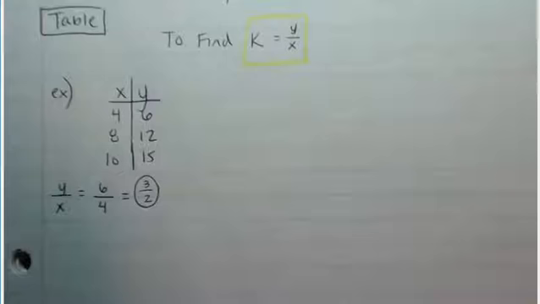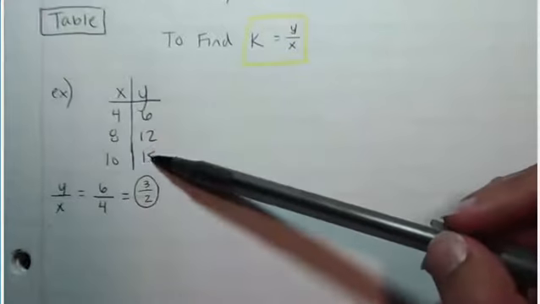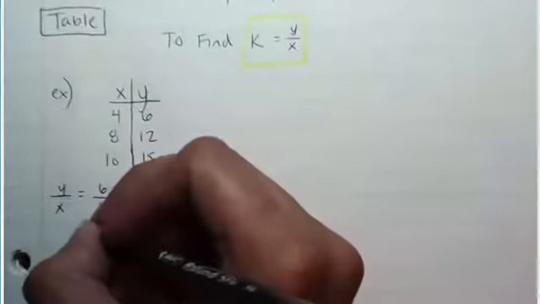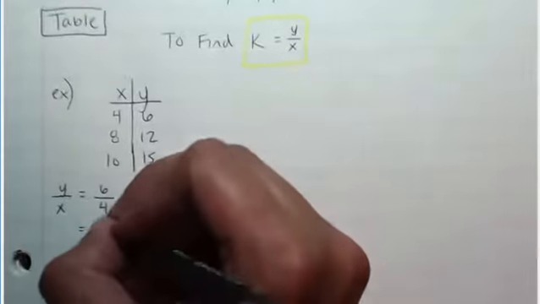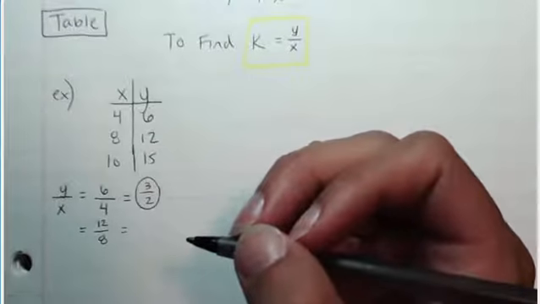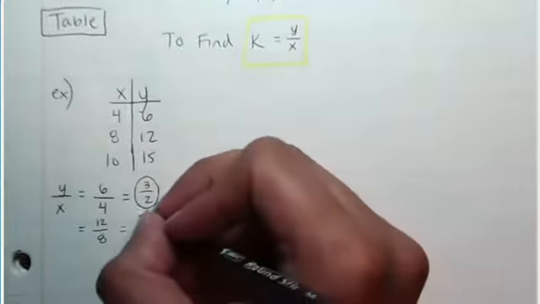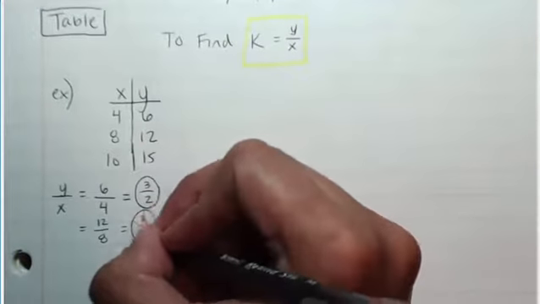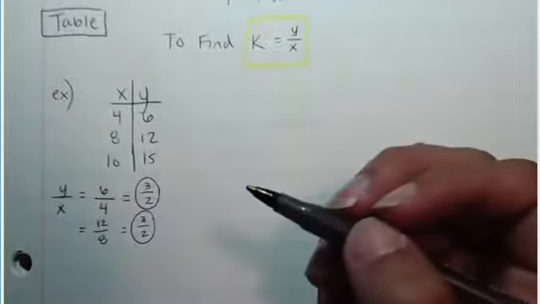So far, our constant right here is 3 over 2. We have to check every single point, though. So again, y over x for the next point, 12 over 8. I can cut both of those in half, or I could divide by 4, and I end up getting 3 over 2. So far the constant is the same.